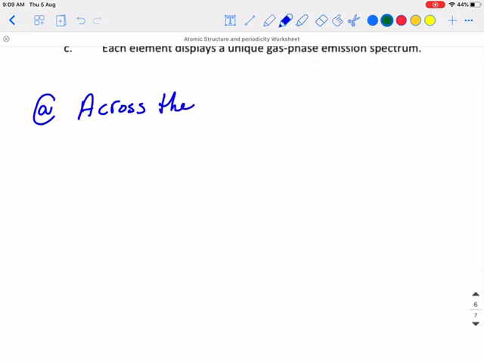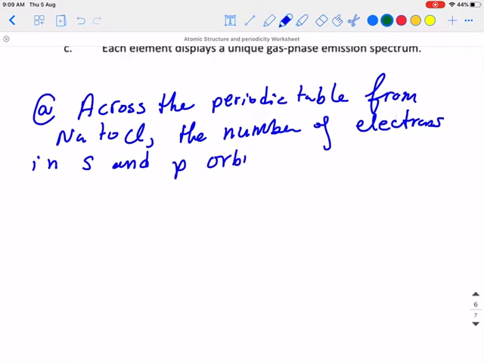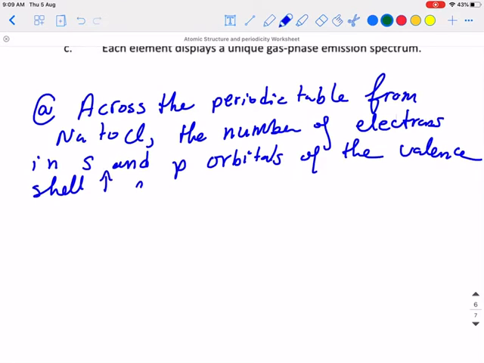Across the periodic table from Na to Cl, the number of electrons in the s and p orbitals of the valence shell, I'm talking about the valence shell, increases, as does the number of protons in the nucleus.